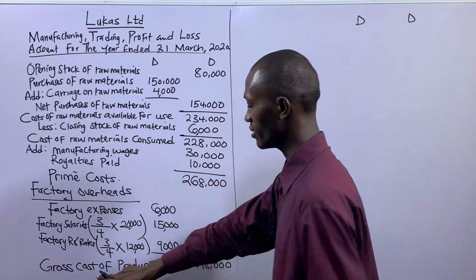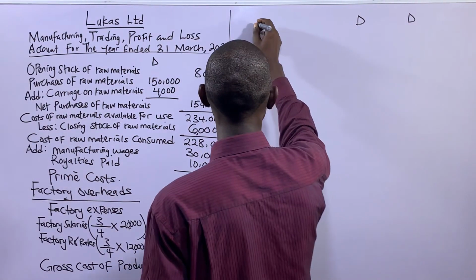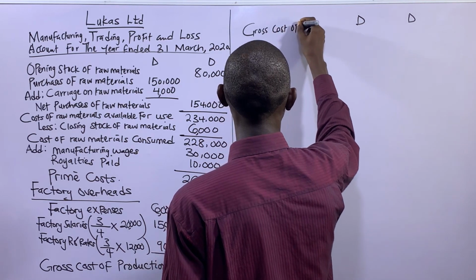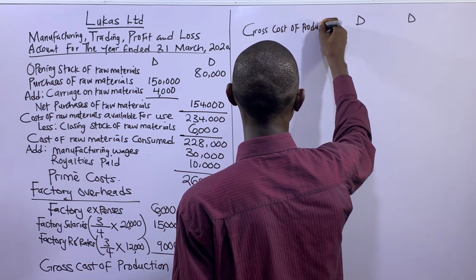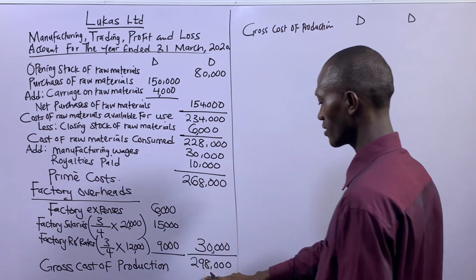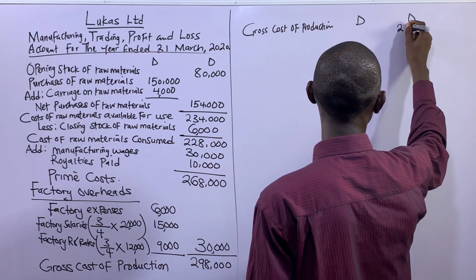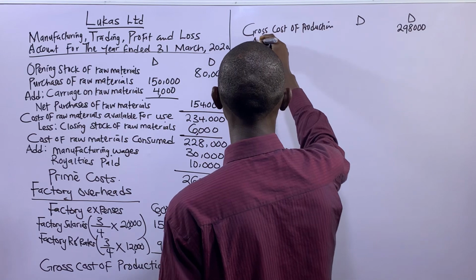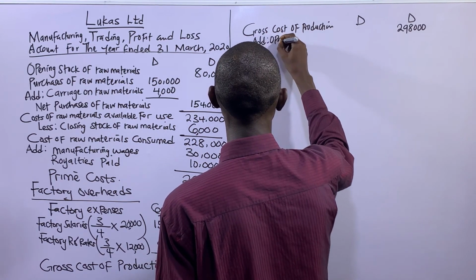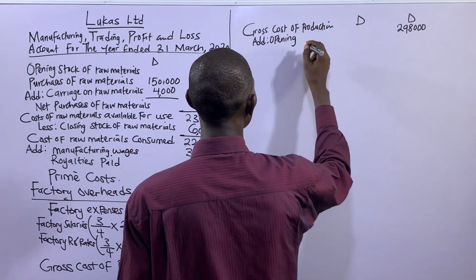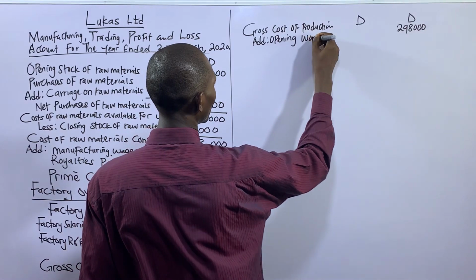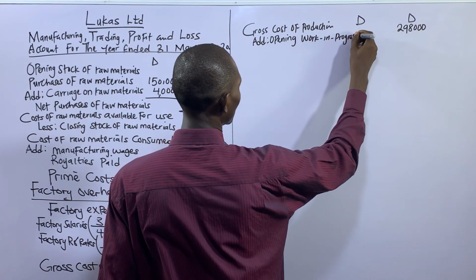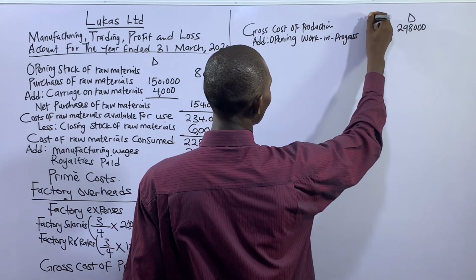So let me bring this here. That's gross cost of production. We have that as 298,000. Then we had opening work in progress.